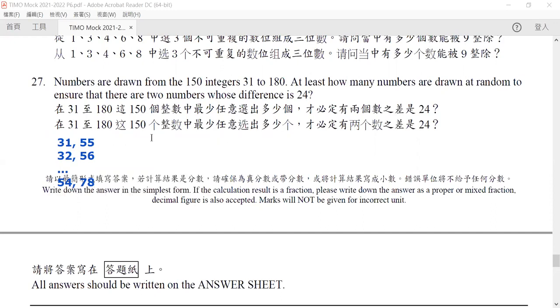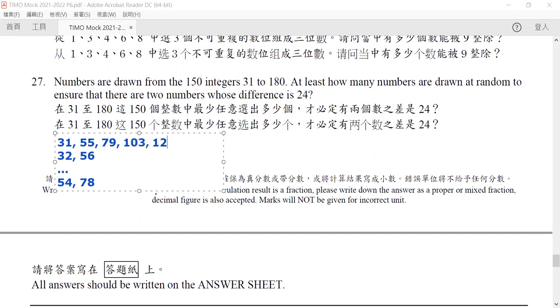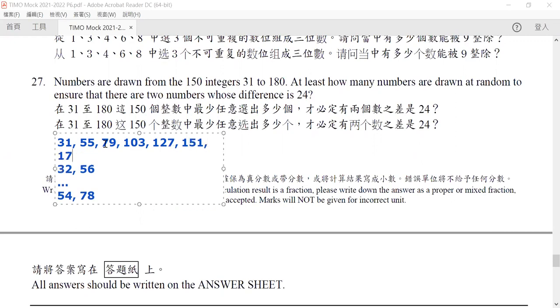Okay, but we can keep on writing it, because it is 31, 55, and then another difference is 79. And now notice that all numbers within the same line are all different by 24. So 79 plus 24 will be 103, and then it will be 127, 151, and finally 175.